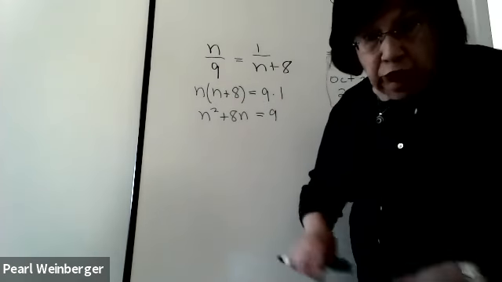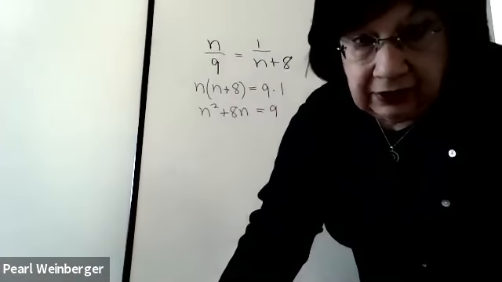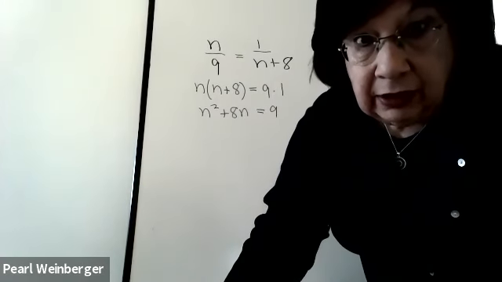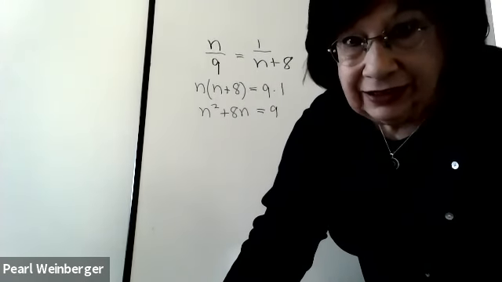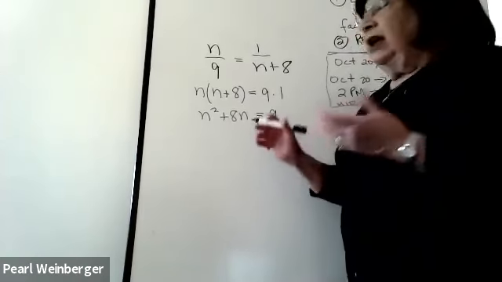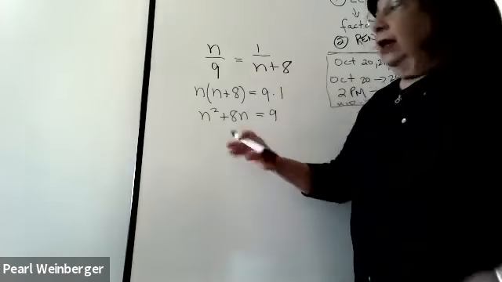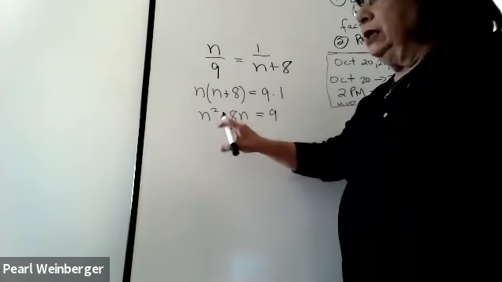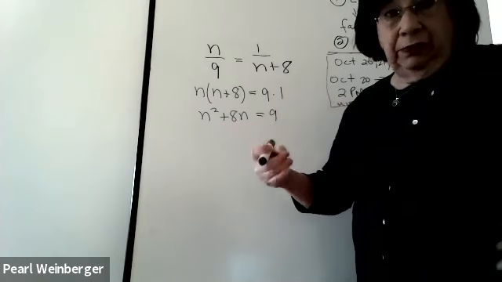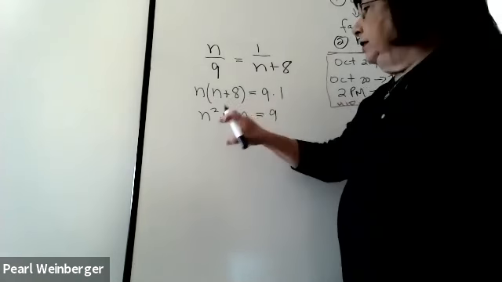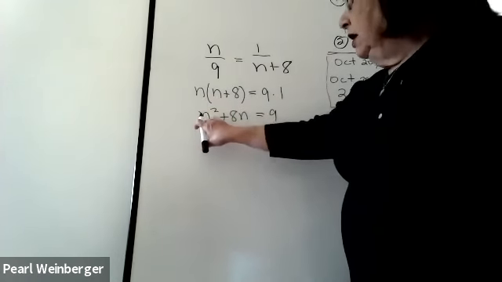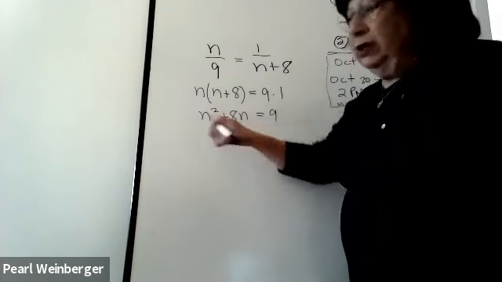Now remember, I'm trying to solve this equation. And to solve the equation, I have to know what kind of equation it is. It happens to be a quadratic equation. The one we did before was not, because it didn't have any exponents. This one has an n squared.